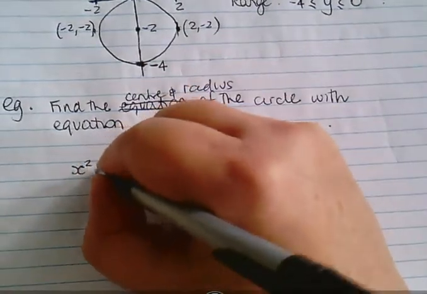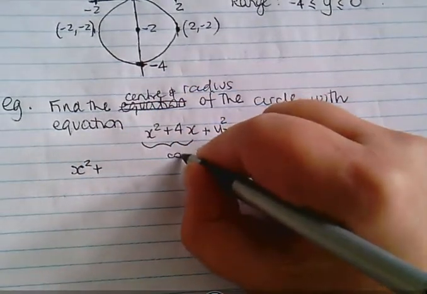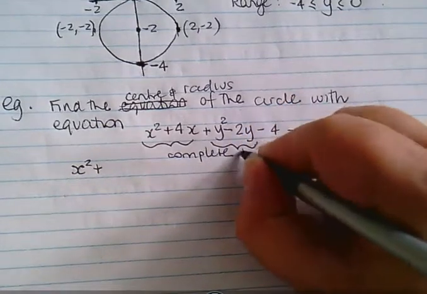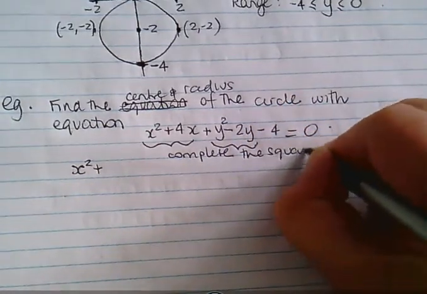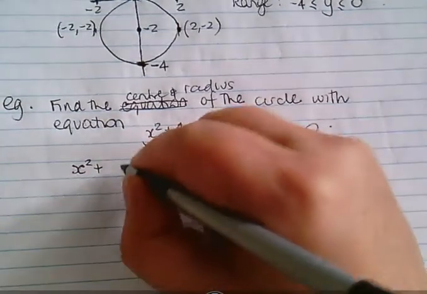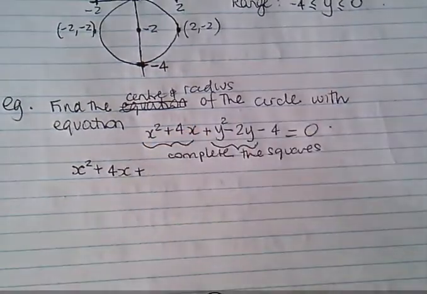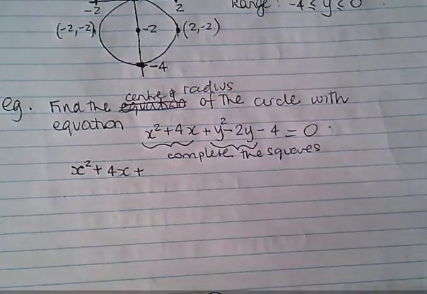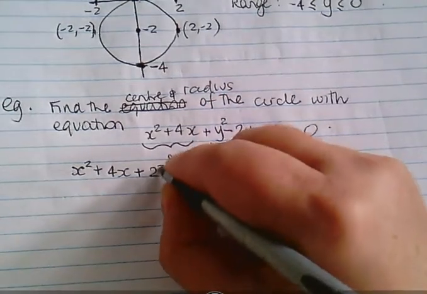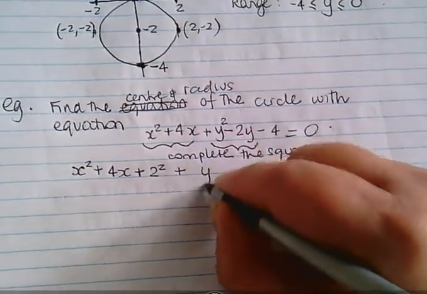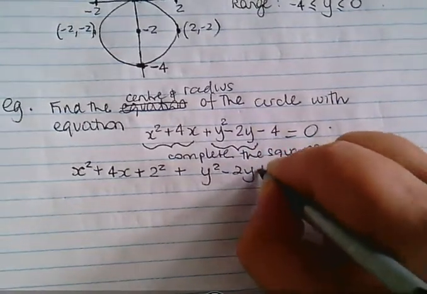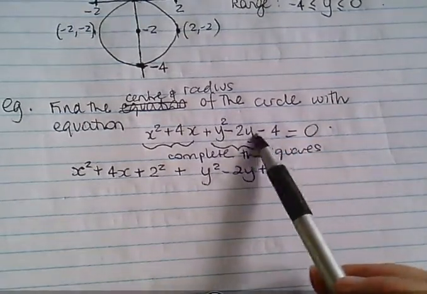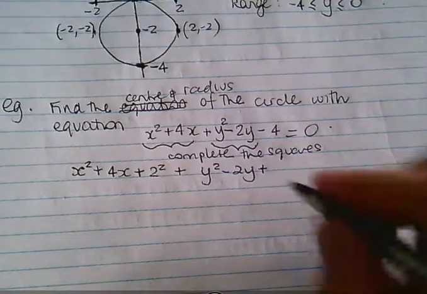So we've got x squared plus 4x plus 2 squared plus y squared minus 2y plus 1 squared.